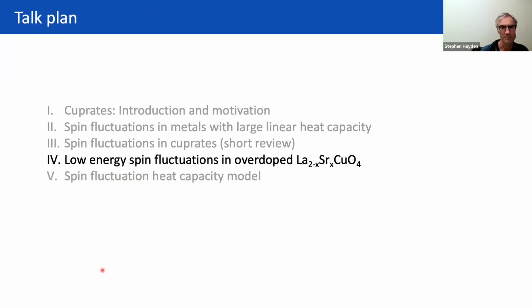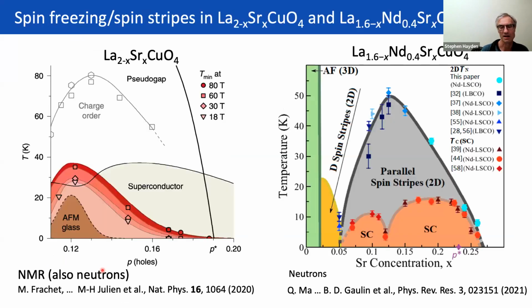So just before we talk about the neutron scattering, I wanted to go to really low energies and put our work in context with the work done by Marc-Henri Julien, for example, where he's measured the spin freezing. So you can see this here.